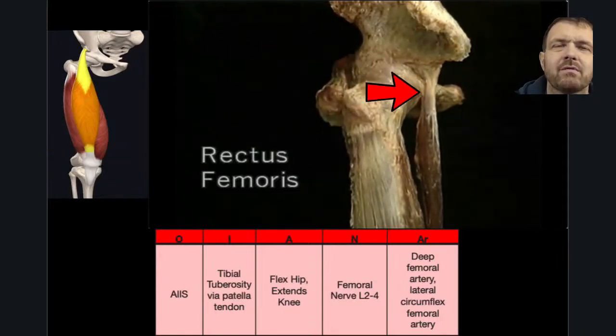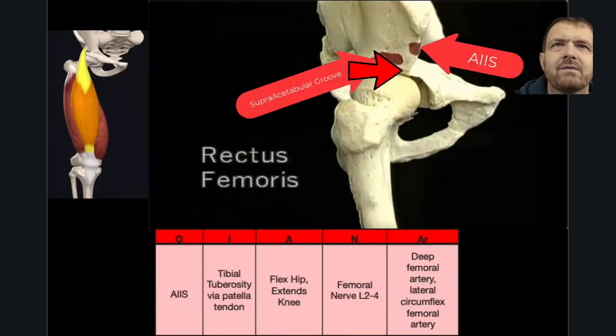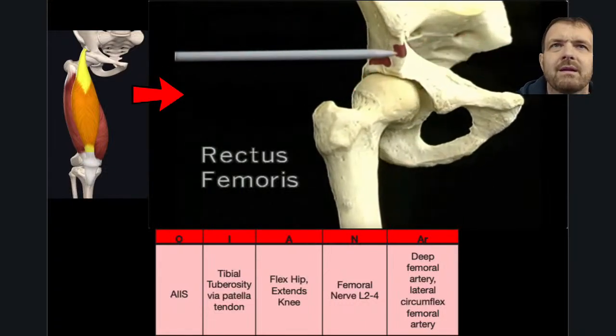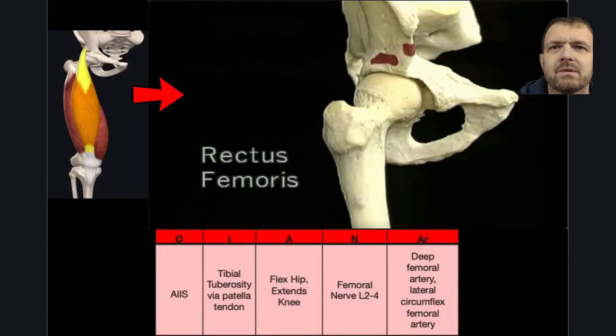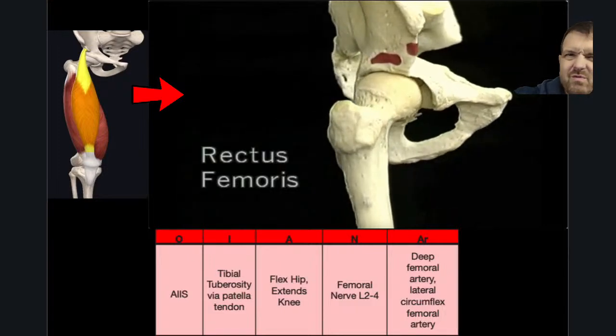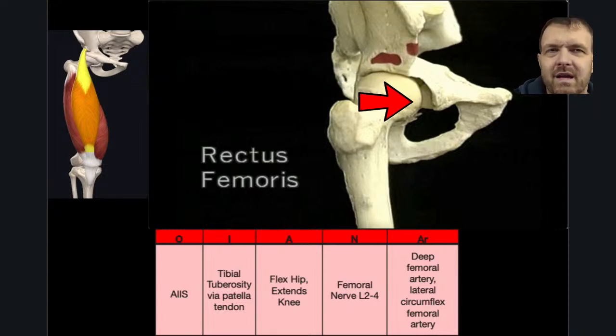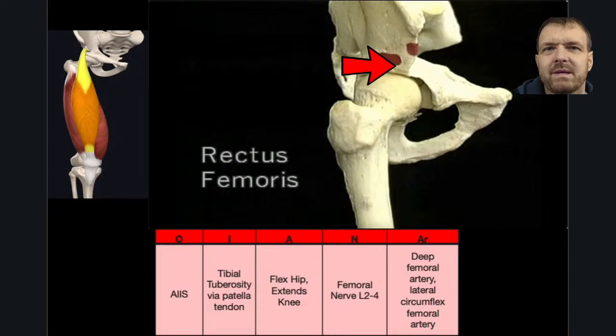You can see it just coming off there. Sometimes people can have a real deep ache in there and what seems like a hip problem, but it might actually just be the attachment point of the rectus femoris.